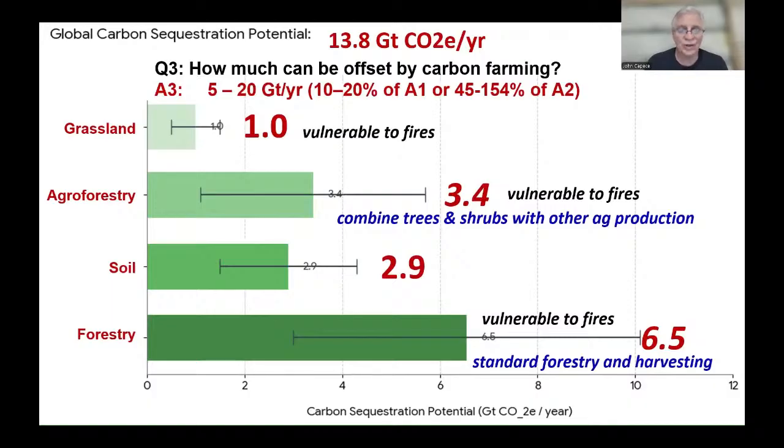We must take into account the risks. Grasslands, agroforestry, and traditional forestry all have high vulnerability to fires. Fires like those ravaging Europe right now, and like those in our country that we face each year.